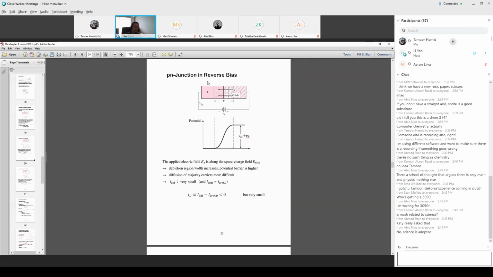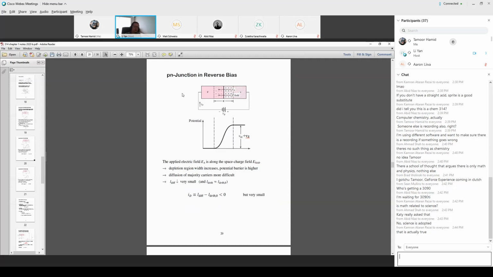Let's see the consequences when we put a battery configured this way. This battery has a positive end on this side and the negative end on this side.